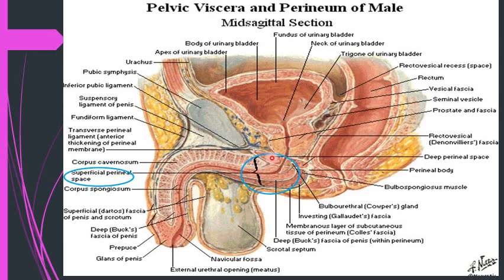Again here you can very clearly see this area is showing you the superficial perineal pouch. This superficial perineal pouch or superficial perineal space is present below the perineal membrane, which here you can see, this white membrane-like structure, that is the perineal membrane.